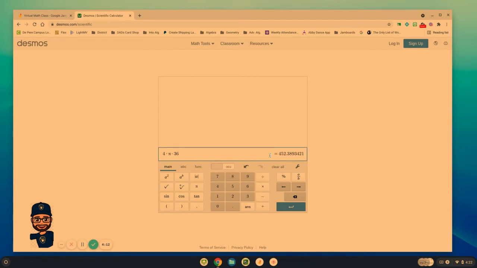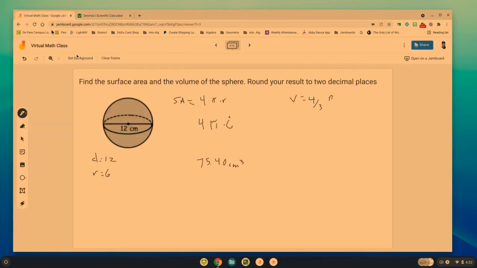How about 452.40? That's better. And it would be units squared for surface area.